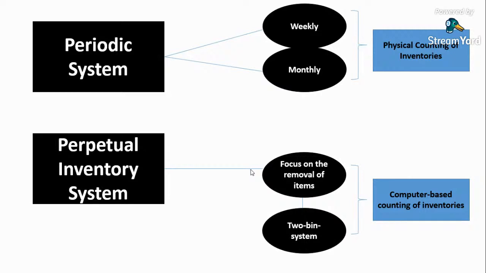So hindi lang dahil gusto nila ma-identify yung price, kundi this scanner is also intended to count the outstanding inventories of the products. Kapag once na tinapat nila yung scanner sa barcode ng produkto, the item is automatically removed from the computer system ng company. So mababawas na yun sa inventories nila. Okay, so that is an example of computer-based counting of inventories.